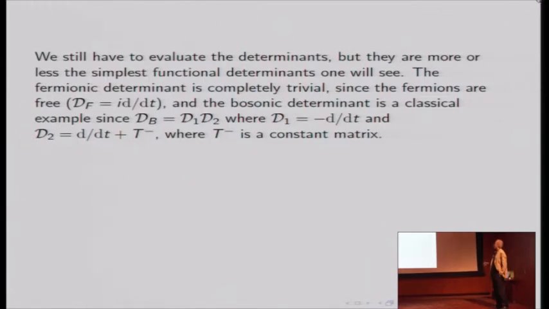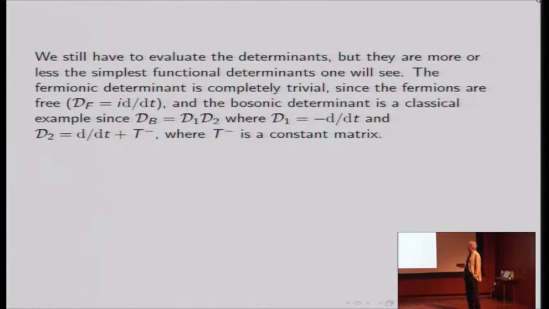The fermion operator is i d/dt. And the boson determinant is also a classical example, since the boson kinetic energy can be factorized in terms of minus d/dt and d/dt plus the graviphoton, which is a constant matrix. So the determinants we have to compute are either the determinant of d/dt or the determinant of d/dt plus a constant.